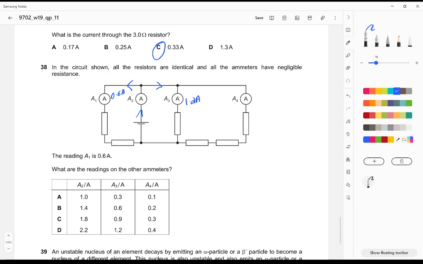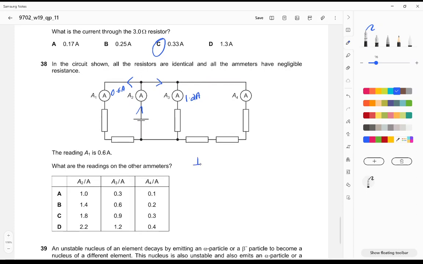Current is actually inversely related to the resistance. I is proportional to 1 over R, so we can use this relationship. If the current is 0.6 with 2R over here, we use 1 divided by 2R, and therefore 1 divided by 3R should give me a current.